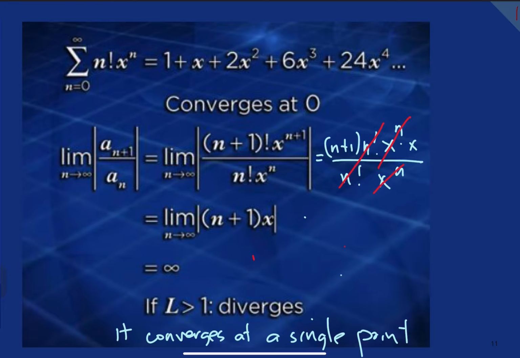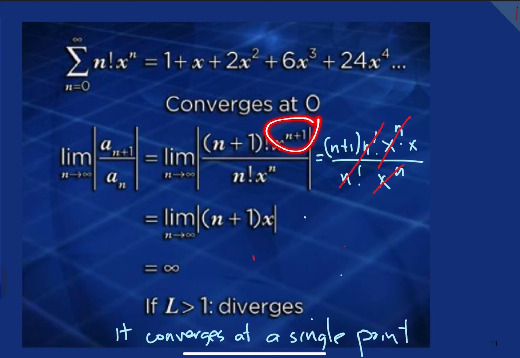So let's find out using the ratio test. We take again the limit of the ratio of successive terms. The denominator would be n factorial x to the n. The numerator is the next term, n plus 1 factorial x to the n plus 1.